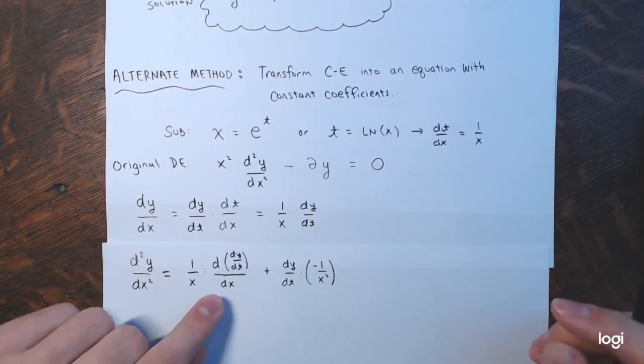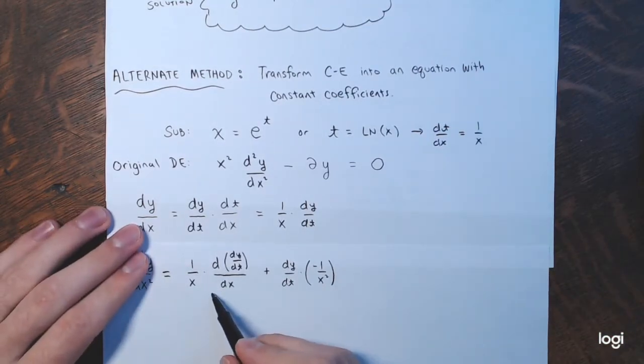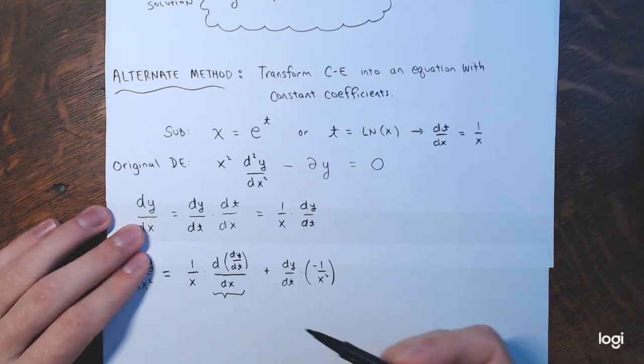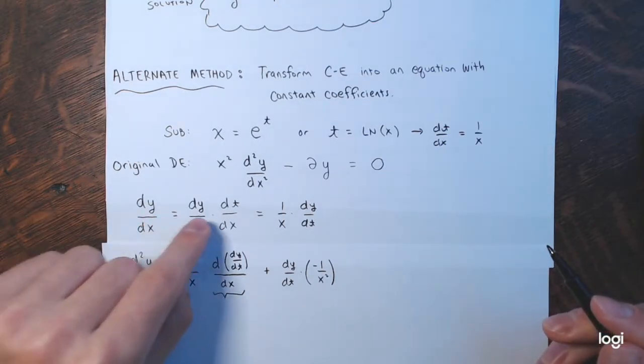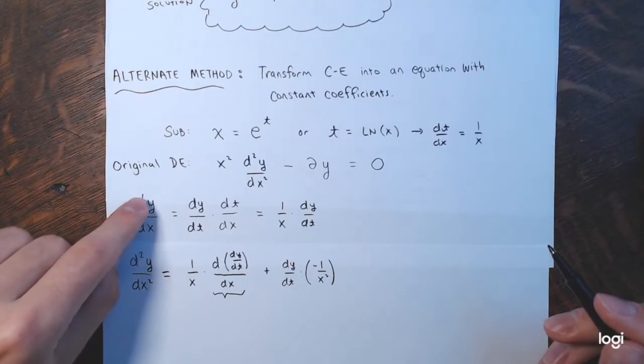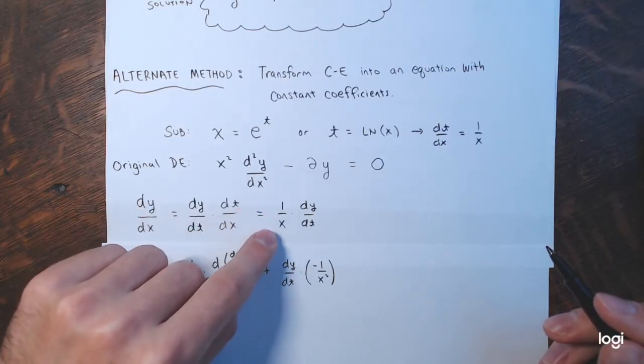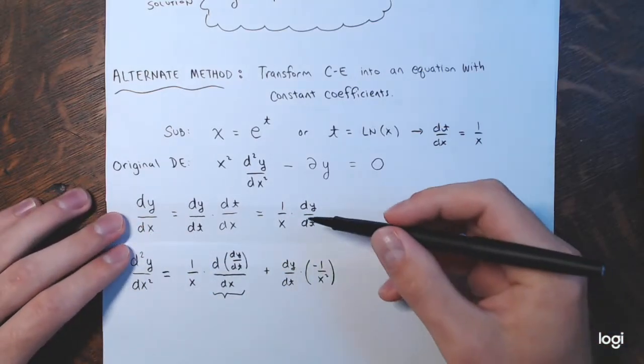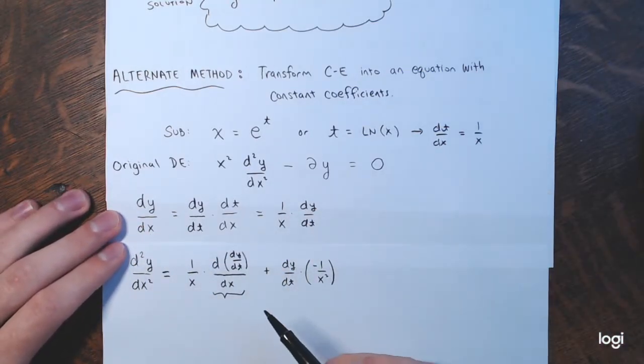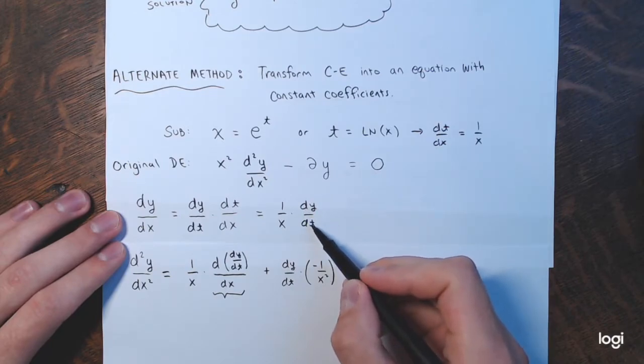All right, and then I can go through here, right? I can use the rule I just wrote: the derivative of some function with respect to x is 1 over x times the derivative of that function with respect to t.